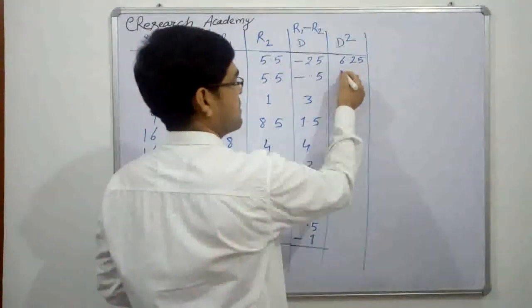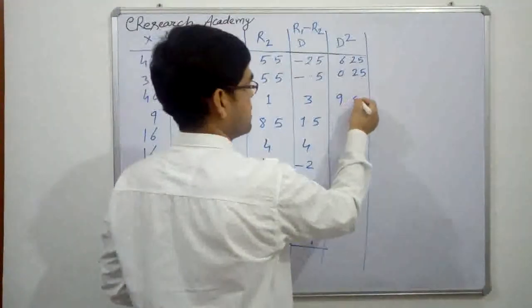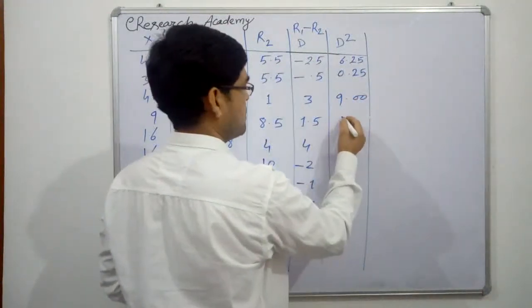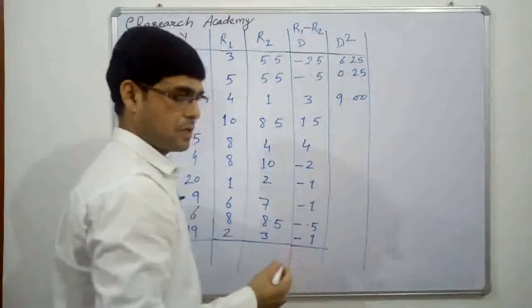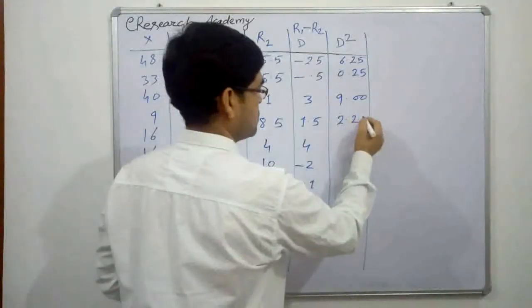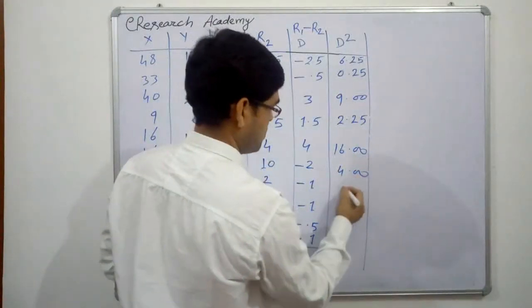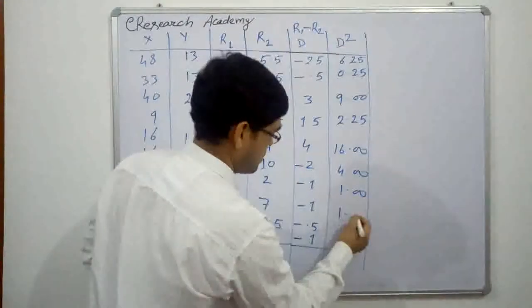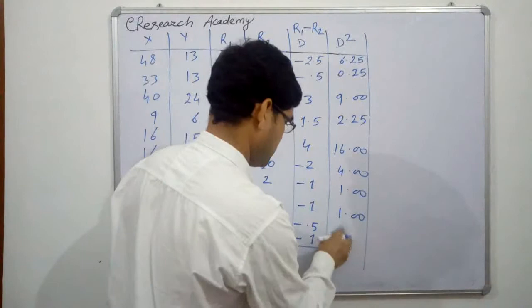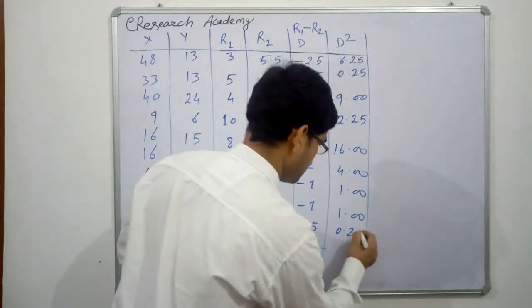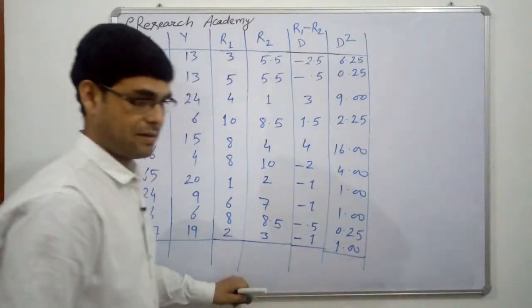Then this gives us 0.25, this gives us 9.00, this gives us 2.25, 2.25, 16, 4, 1, 1, this is 0.25, 0.25 and 1, right?